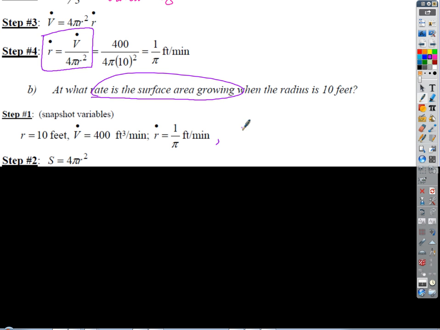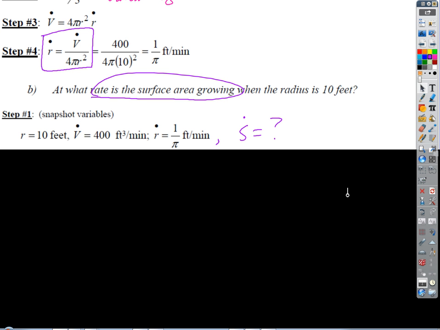So we're actually asking S dot equals what? But we do have one additional piece of information, right? From part one, we solved for r dot, so that might be helpful. So then what's going to be step 2? Parent equation. So what's the equation we're looking for? If we erase all the dots, we're looking for S, right?